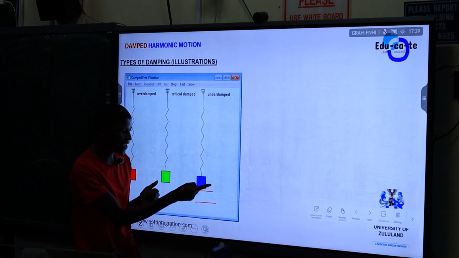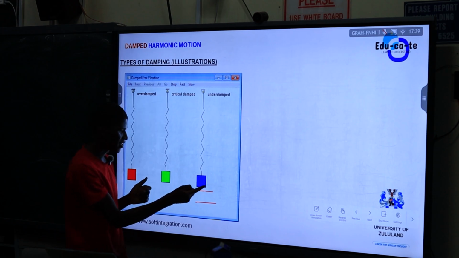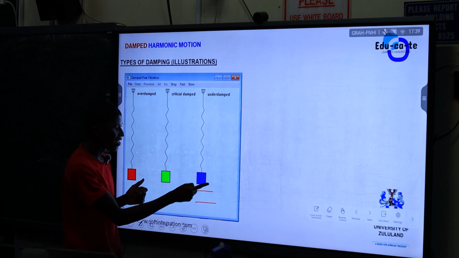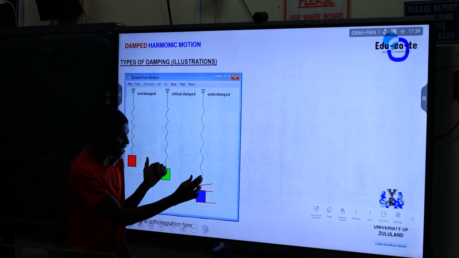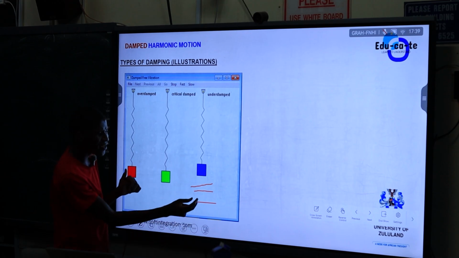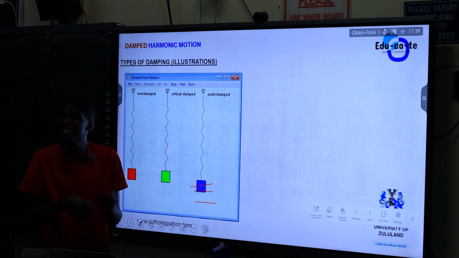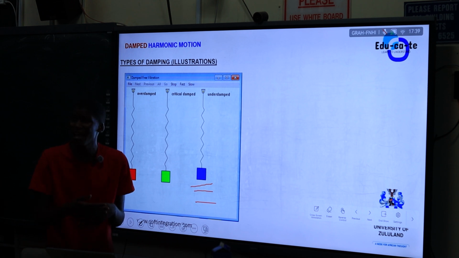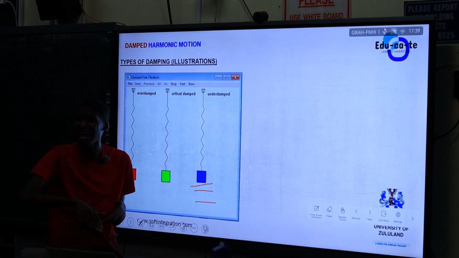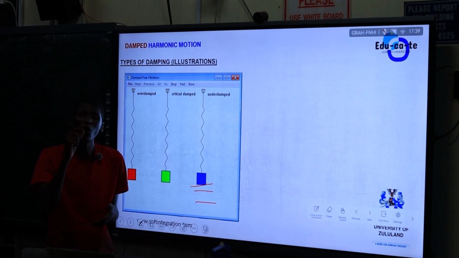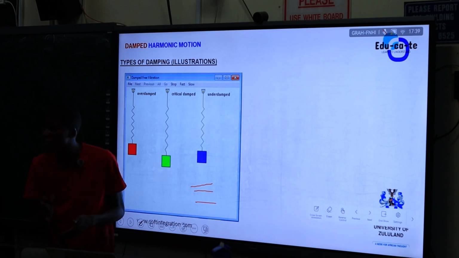But watch it swinging now. Let's see. Let's watch it swing here. Do you see that the amplitude is decreasing, right? It was swinging all the way down here. But now it decreased the amplitude. But it still continues to oscillate. You see it. It continues going up, going down, oscillating, vibrating. But the oscillations decrease in amplitude.